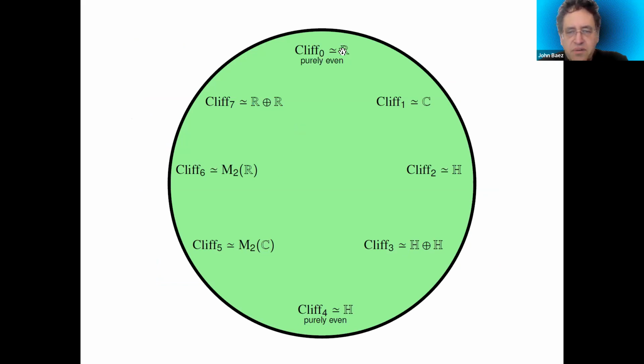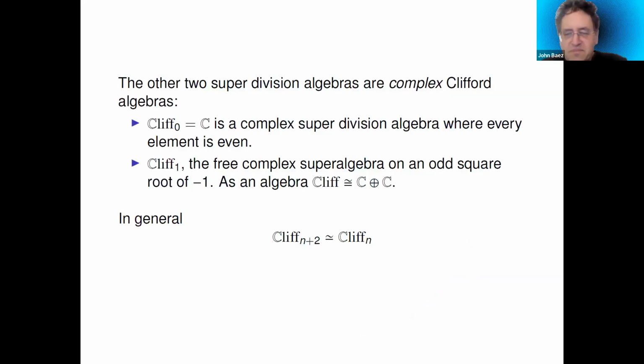So these guys, we got the square roots of -1 thrown in here, these ones, the square roots of +1. This has something or other to do with that square we were talking about, the columns. There's something going on there. I don't fully understand, but I'm sure it's not a coincidence; this is all too nice to have any coincidences. So then the complex Clifford algebras make up the other two superdivision algebras.